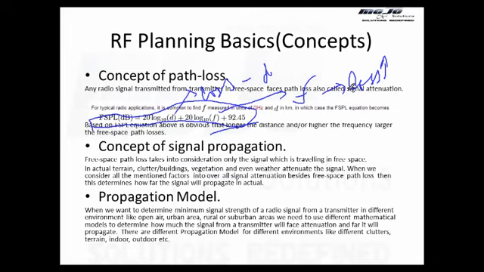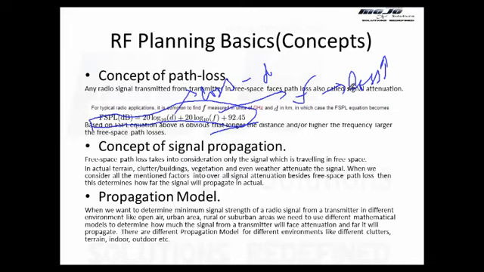So we don't have a line of sight, so the signal does not reach us purely as free space path loss. The signal reaches us as a reflection, as a diffraction, as a shadowing. Before it reaches our cell phone from the transmitter, it goes through different phenomena, and what signal strength we will receive is very difficult to predict. That's why these planning tools like Atoll or Asset are so popular.